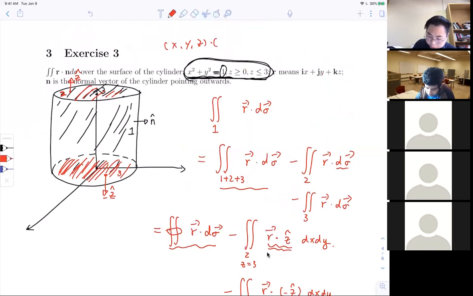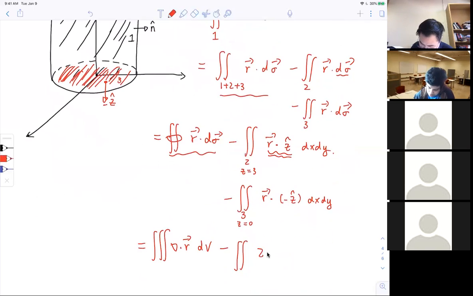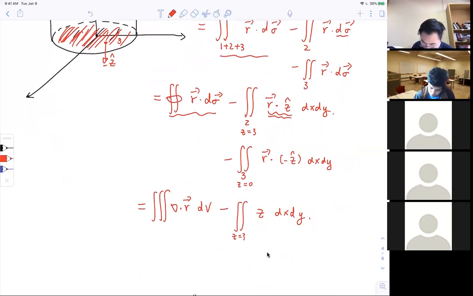Dot z hat is 0, 0, 1. So equal to z, right? So it becomes z dx dy, and z equal to 3. So this minus sign cancels with this minus sign and becomes a plus sign, z equal to 0, and z dx dy.